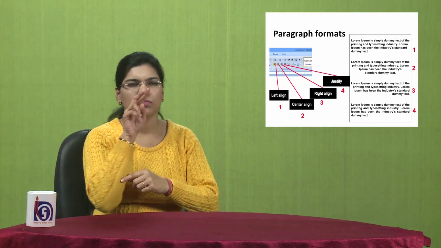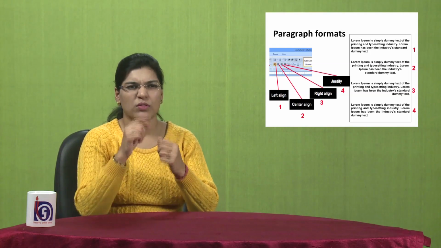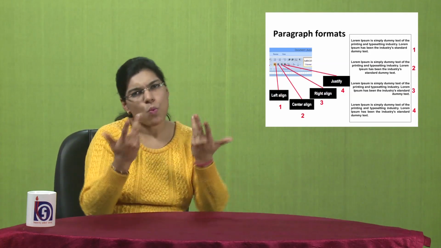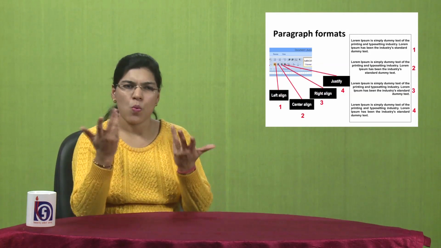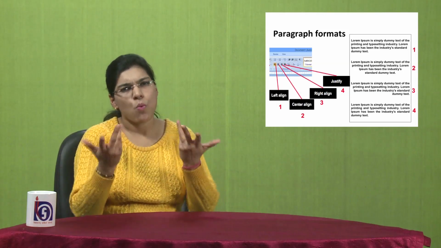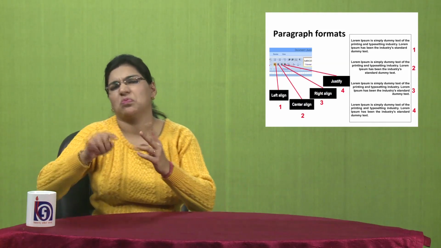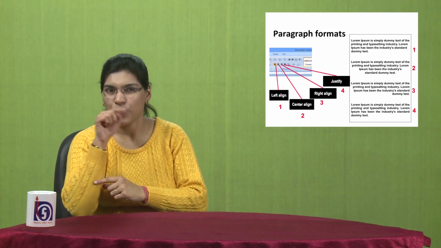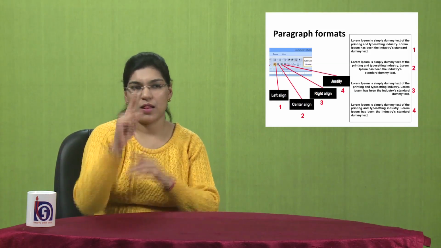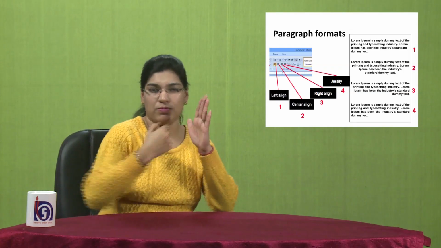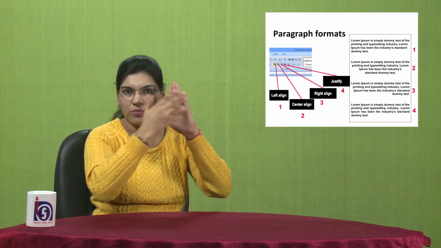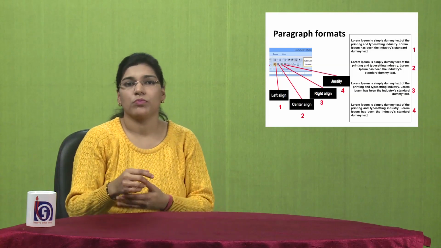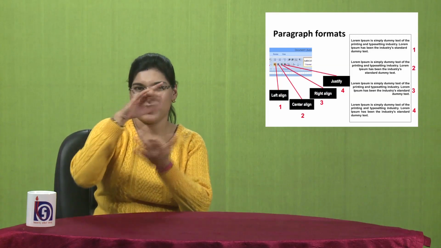In paragraph formats, left align, center align, right align, and justify are there as options, and you can choose what you want. So as you see in the picture, 1, 2 and 3 and 4. So in the first it is written from the right. In the second it is written in the center.